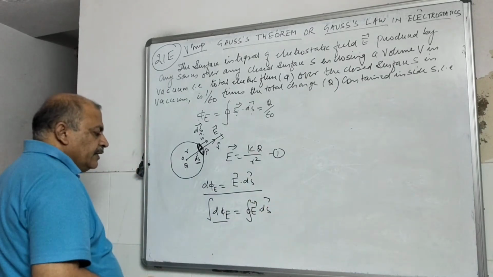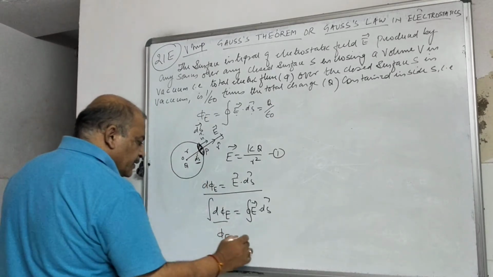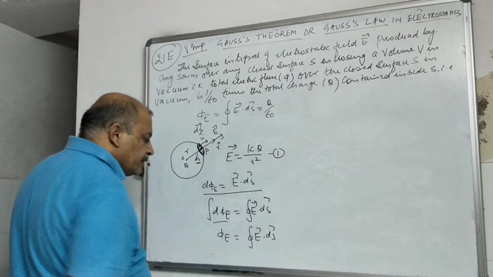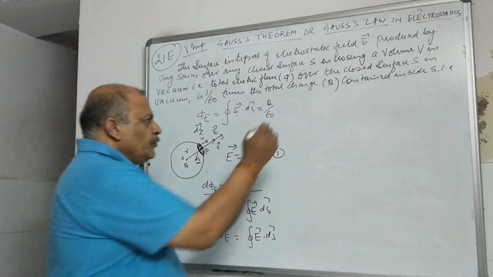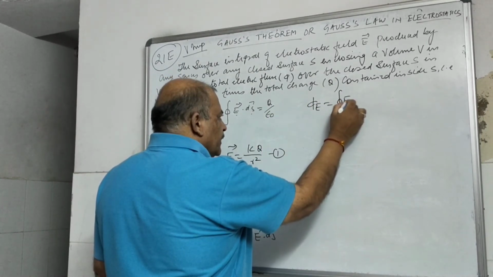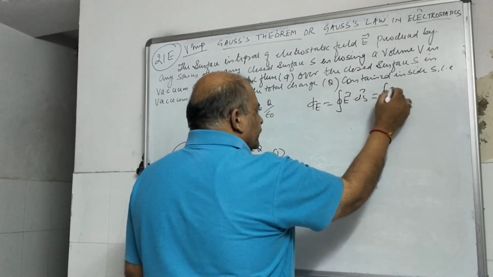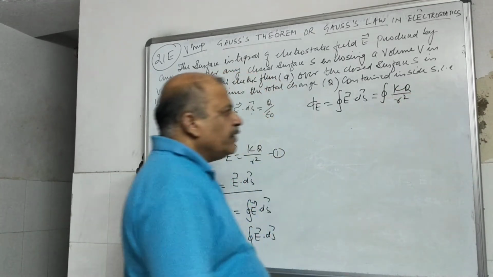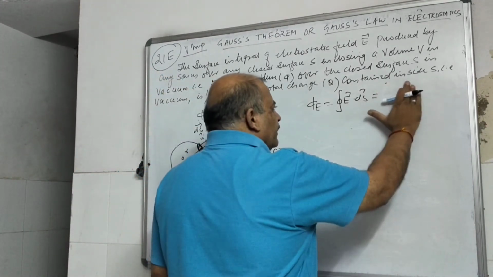This will become phi, that is the total flux coming out of this entire surface, surface integral E dot ds. Now ds is your area vector. Now simplify it. If you simplify it, phi E equals surface integral E dot ds. Now in place of E, we can write kq upon r square, or if you want one more step, you can write it in this way.